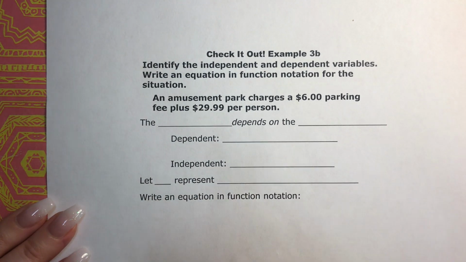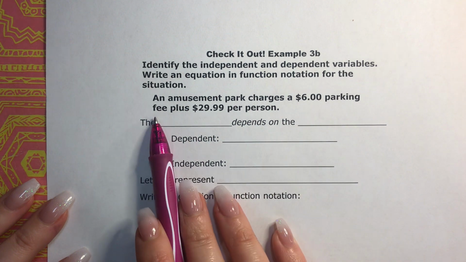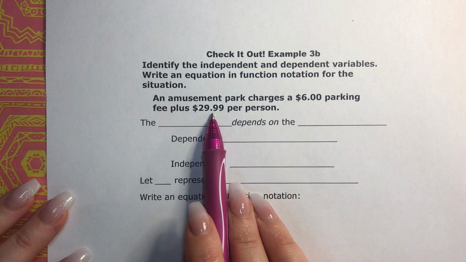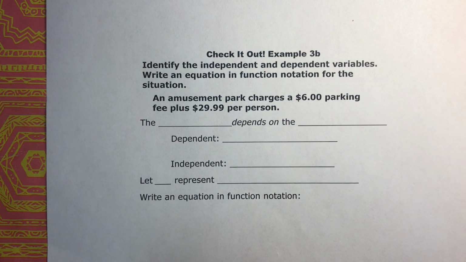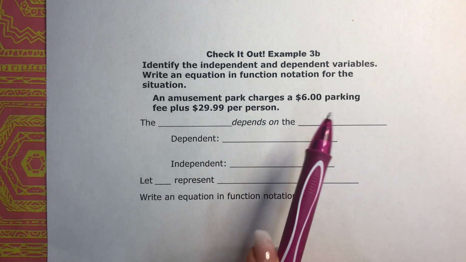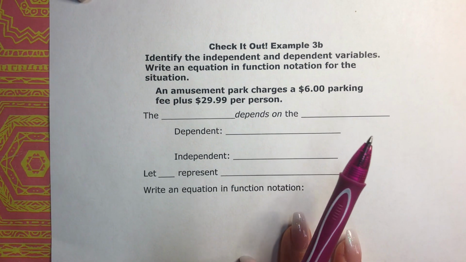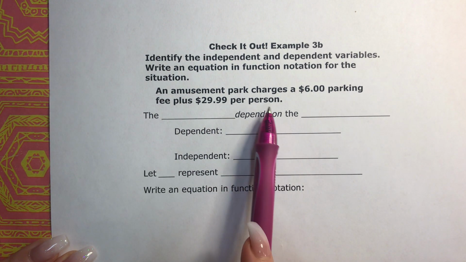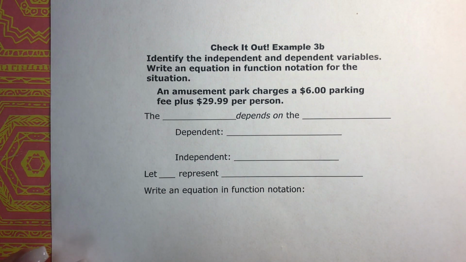So for 3B, it says an amusement park charges a $6 parking fee plus $29.99 per person. Okay, so what do we have here? It looks like we're having a total cost again, right? And then the thing that we don't know is the amount of people. So which thing depends on the other?